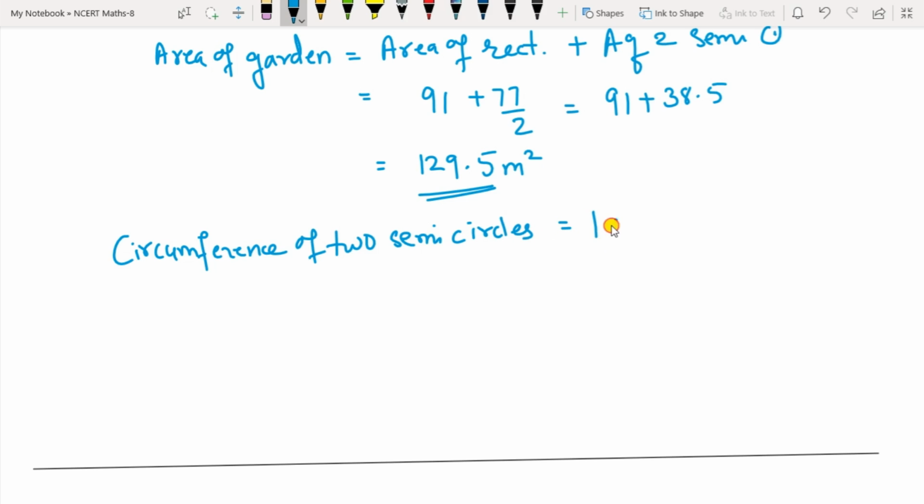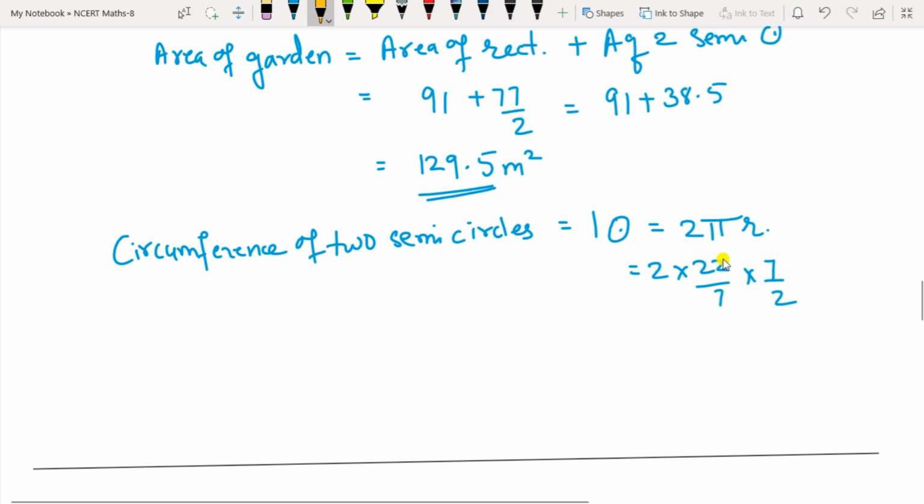So it is one circle, and the circumference of one circle, the formula is 2 pi r. So if you substitute the values here, that becomes 2 into 22 by 7, and the radius is 7 by 2. Do the cancellation. This 2 gets cancelled, 7 gets cancelled, and the remaining is 22. That is, 22 meter is the circumference of two semicircles.